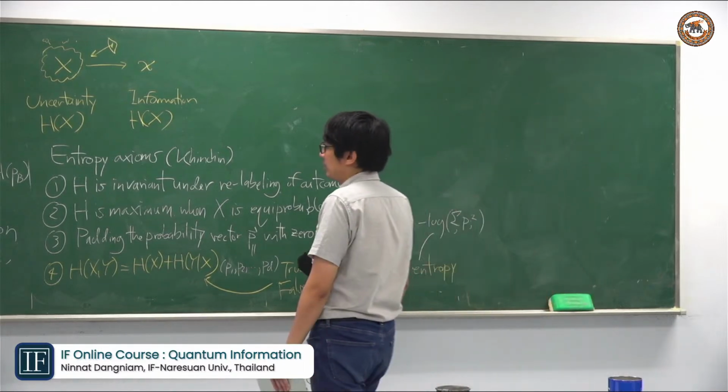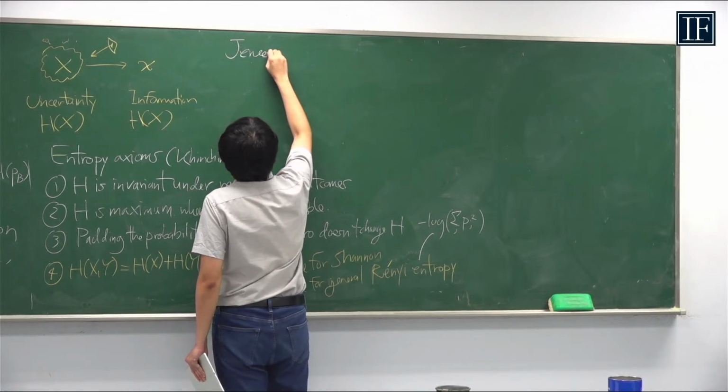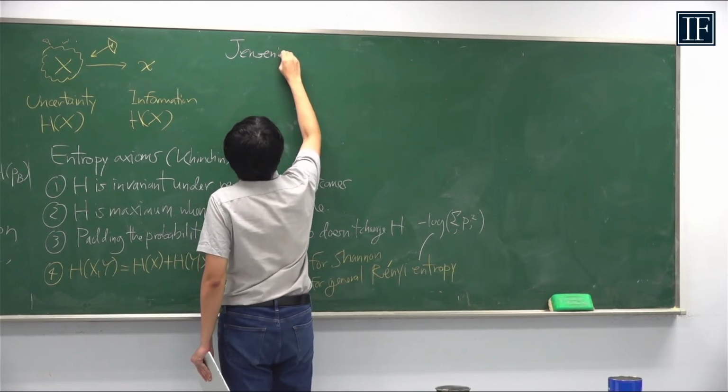But first, for concave or convex functions, there's something called Jensen's inequality.